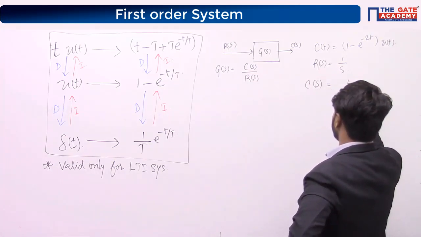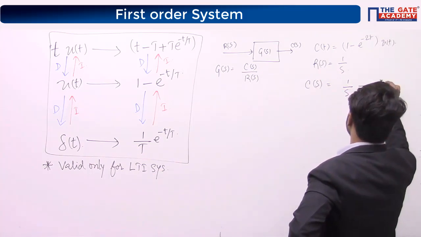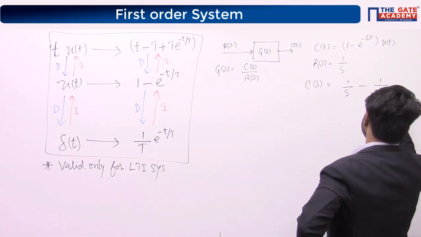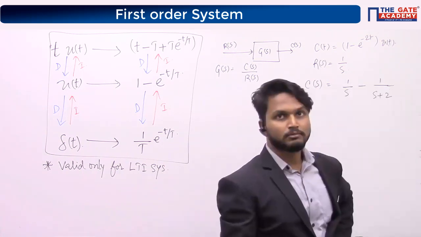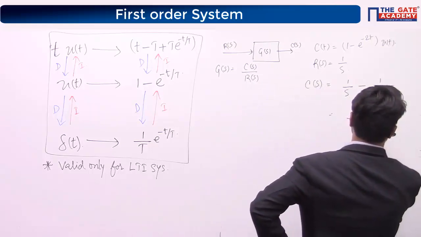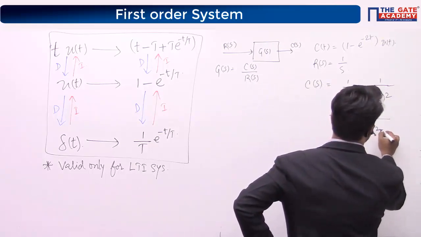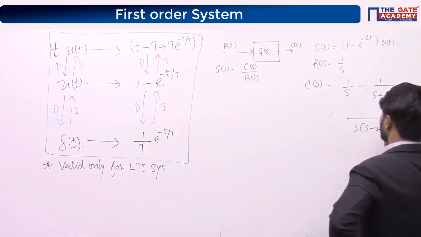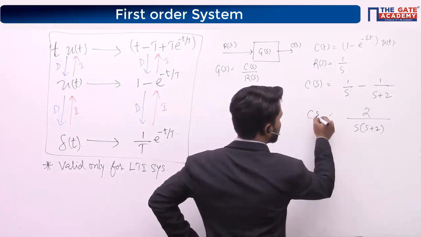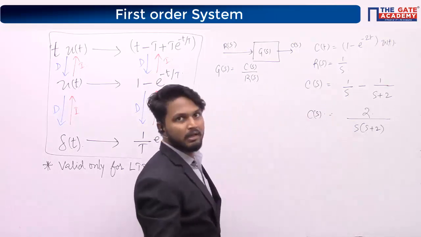C of s is 1 by s minus 1 by s plus 2. Taking the LCM, you will get s into s plus 2, and 2 by s into s plus 2. This is C of s.